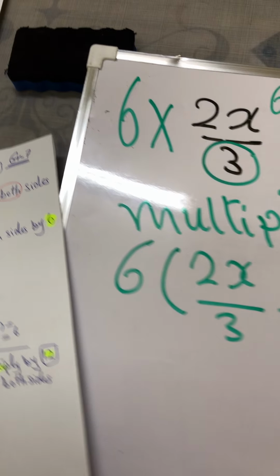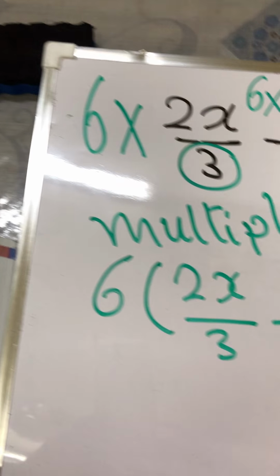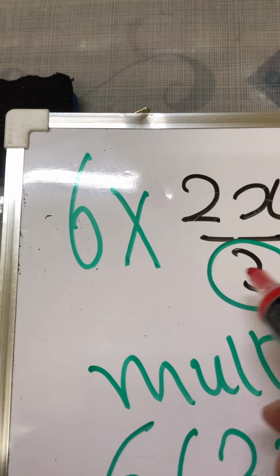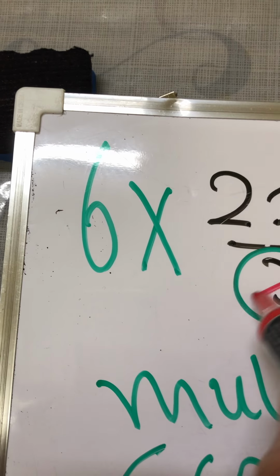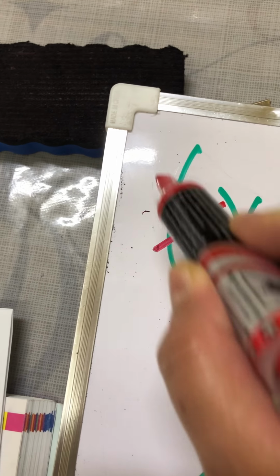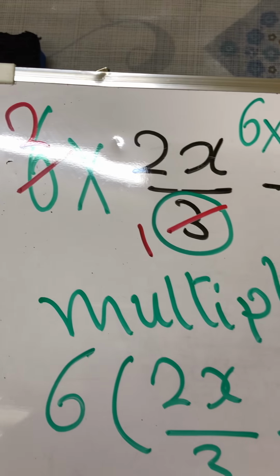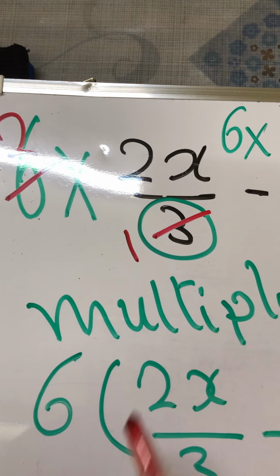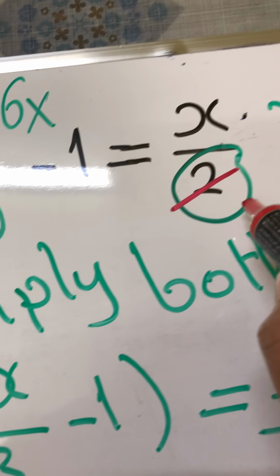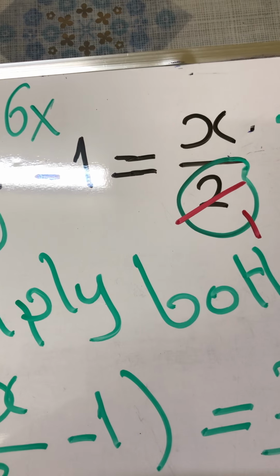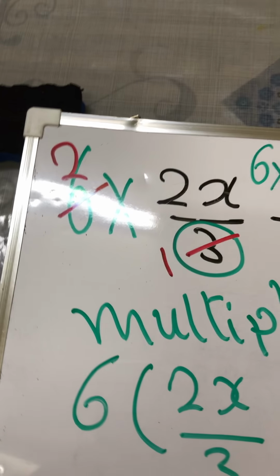Let's simplify. In the beginning, I'll take 6 and 3: divided by 3 equals 1, 6 divided by 3 equals 2. So what's left here?